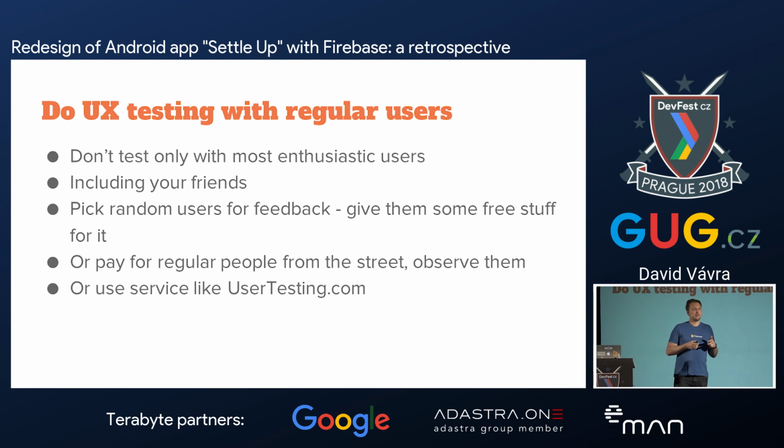It was always self-selected people, really interested in the app. Maybe they are long-time users, and they are not the regular users. So do the UX testing with regular users. The most enthusiastic people will usually tell you, yeah, it's fine. And also your friends will tell you it's fine. Don't trust your friends.